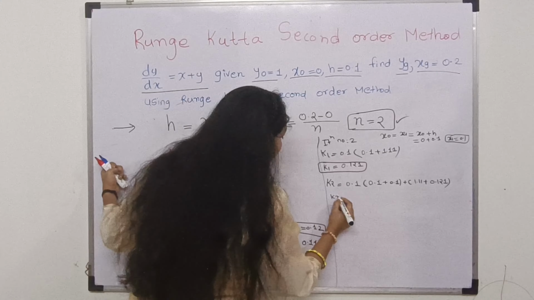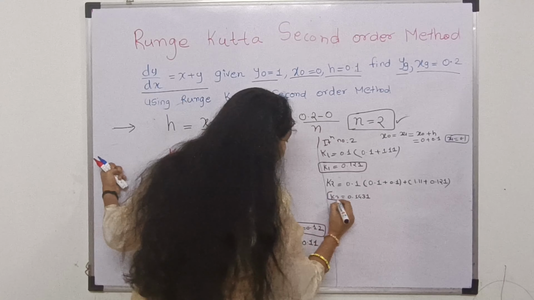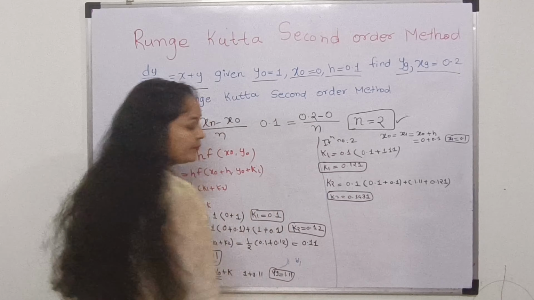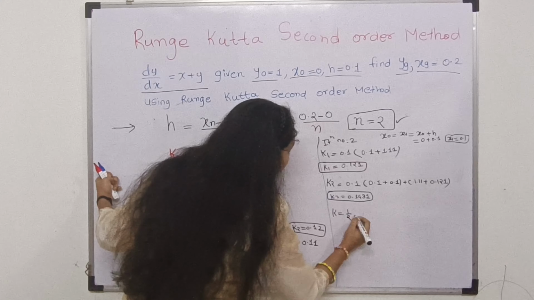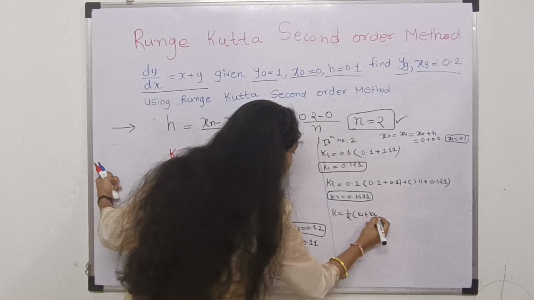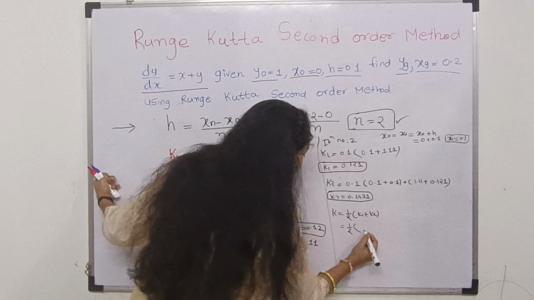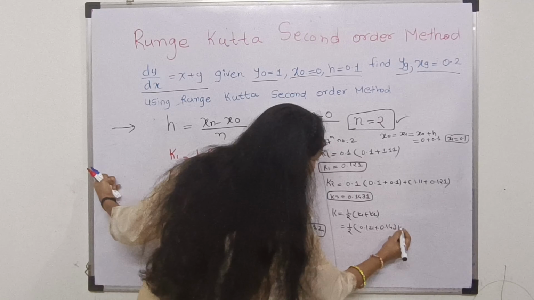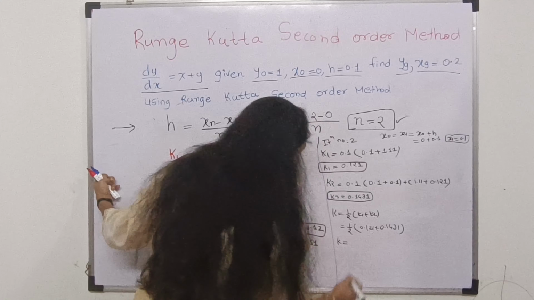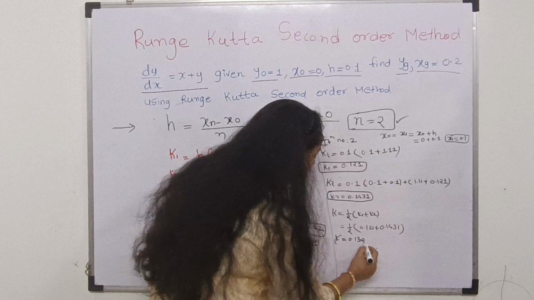So the K2 value becomes 0.1431. Okay. Now just calculate K. So K becomes 1 by 2 into K1 plus K2, right? So 1 by 2 into bracket 0.121 plus 0.1431. So K will become 0.132.